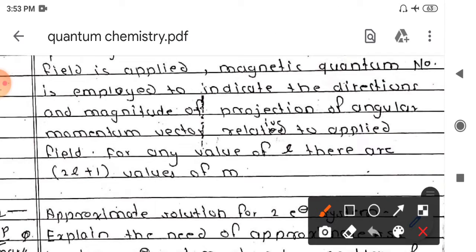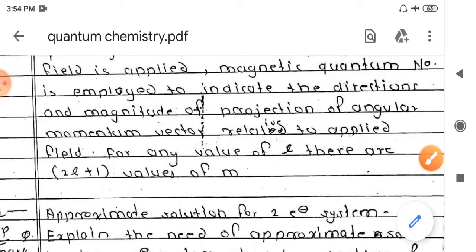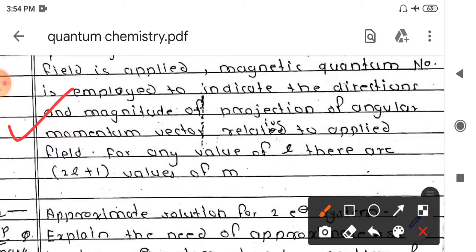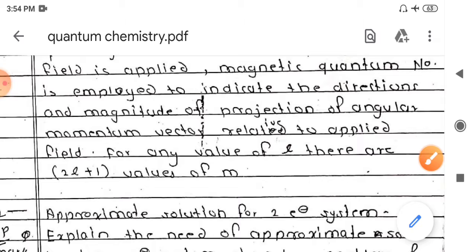So it will have certain values. Depending upon the m value, we can predict whether the electron is present in the px, py or pz orbital. In which direction the electron is present is told by this m value. For the p orbital, there are three values of m.